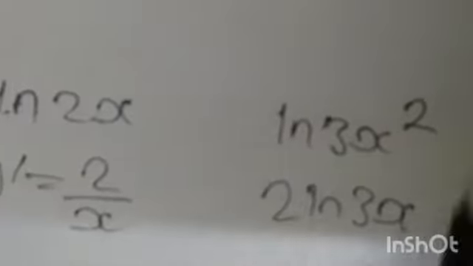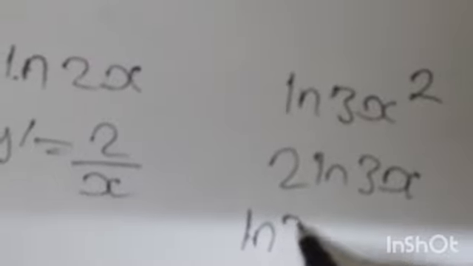Then when you have been given, let's say, ln of 3x to the power 2, for natural logs you remember the certain principle. When you go to logs, there are laws of logarithm. You just say it will be 2 ln 3x. Then differentiating this one, you have two different answers.